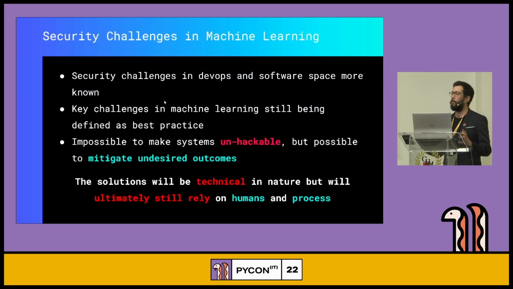To just provide some motivation for today's talk, the objective of this session is taking the premise that security is a very well-known topic in the software and DevOps space. So there's a lot of resources, a lot of topics, a lot of principles that provide some of the best practices on how to tackle reducing vulnerabilities within the software stack, right?